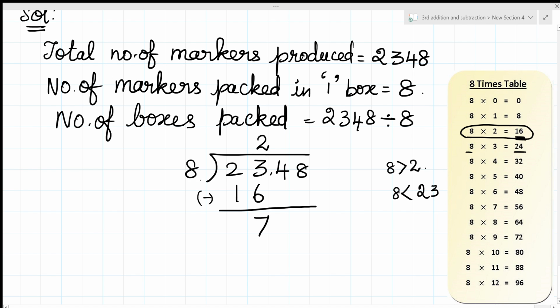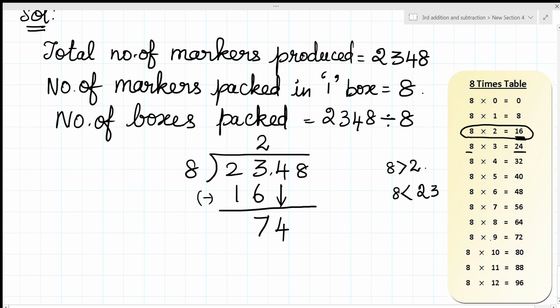7 is smaller than the divisor. So we are going to bring down the next number. Now we have 74. Look at the table, children. Do we have 74? 8 nines are 72 and 8 tens are 80. So 80 is greater than the number.